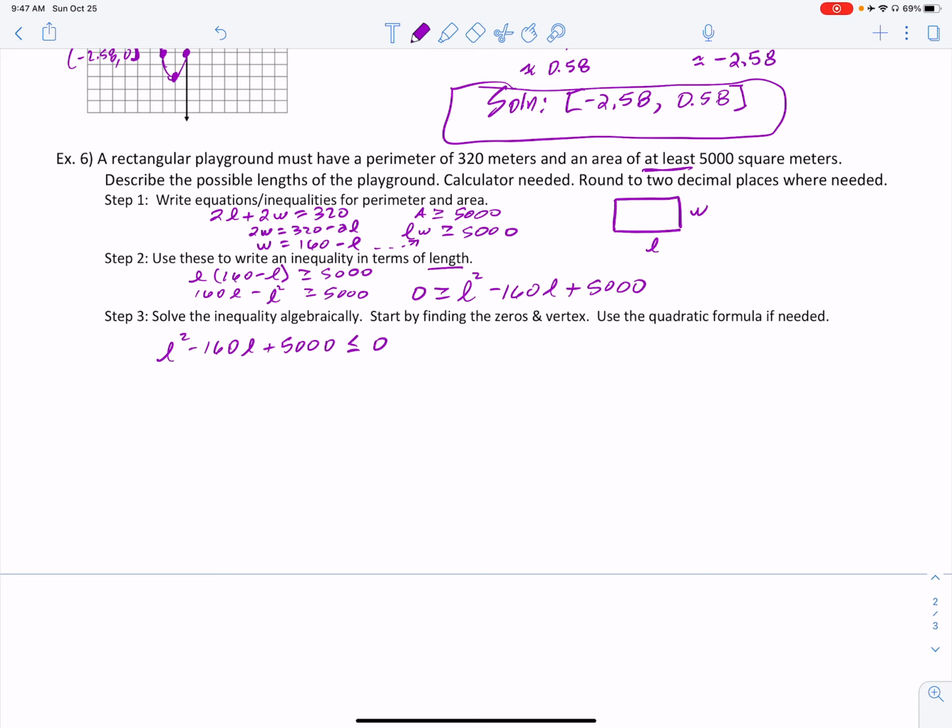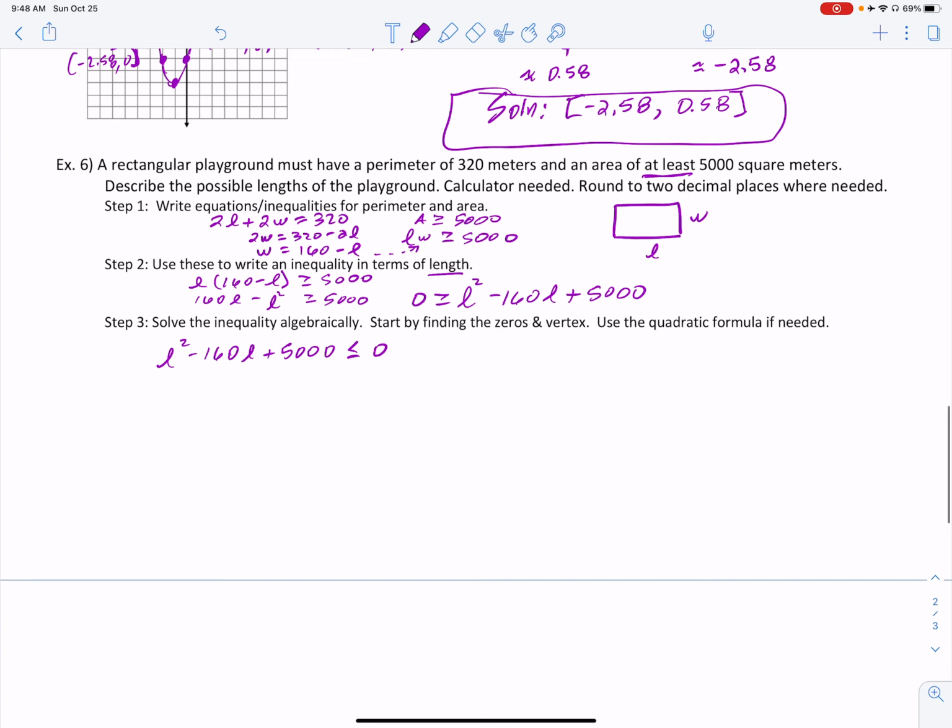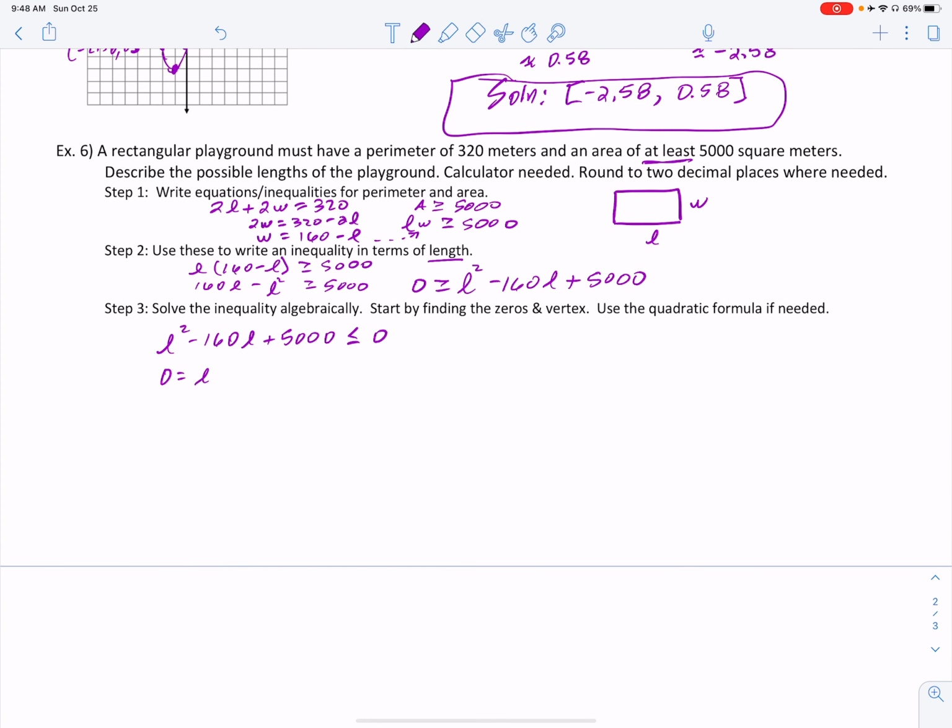We're going to go ahead and use the quadratic formula to find where is this 0. So where is this expression 0? And those would be, if we graphed it, the x-intercepts of it. We weren't asked to graph this, but where this is 0 is going to be L is equal to negative b plus or minus the square root of b squared, and 160 squared is 25,600, minus 4 times a times c, all over 2a.